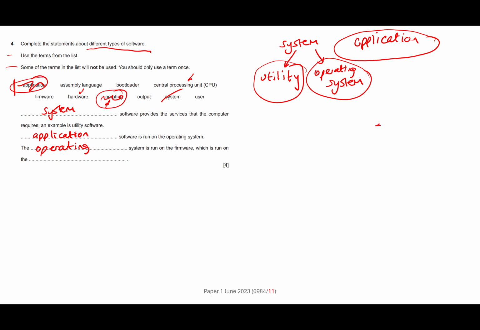The operating system is run on firmware, which is run on... the firmware itself is actually run on hardware. It's not actually run on the CPU. The CPU will access commands from the firmware when it needs to start up, but the firmware itself is actually run on hardware.